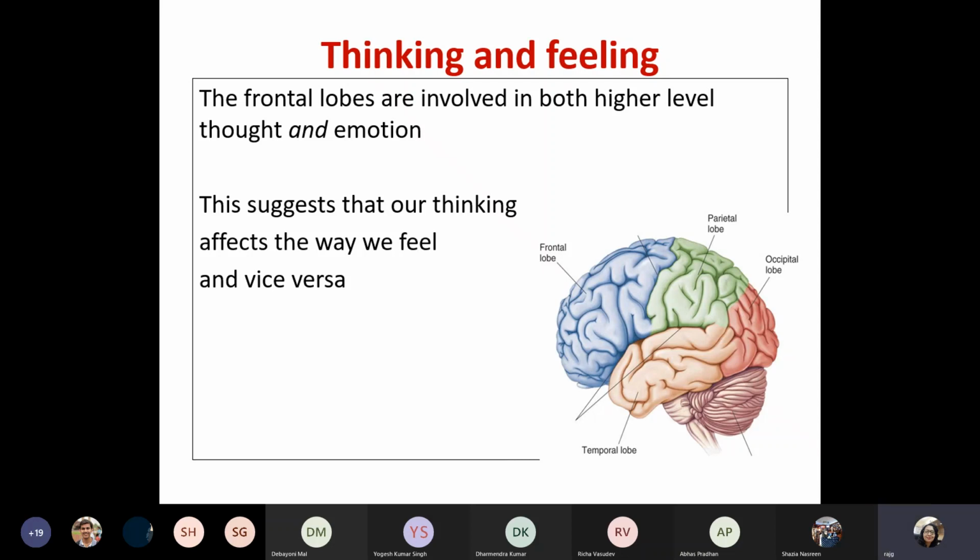Now, why am I talking so much about the brain and neuroscience when we are doing a course on the science of happiness? The reason is that after this, when we talk of emotions, and as you know, happiness is an emotion, you will see that there are specific markers of happiness which you can measure.